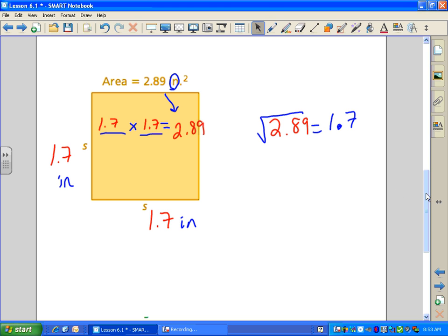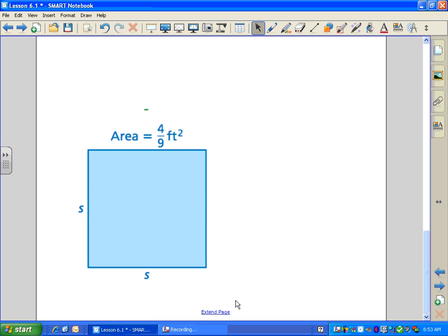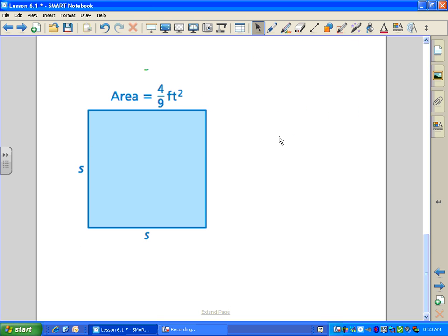All right, let's take a look at another example. This time they want us to find the length of the side of a square whose total area is 4/9. So that means I'm going to need two fractions that when I multiply them together gives me an answer of 4/9. Okay? A couple different approaches you could use on this one.